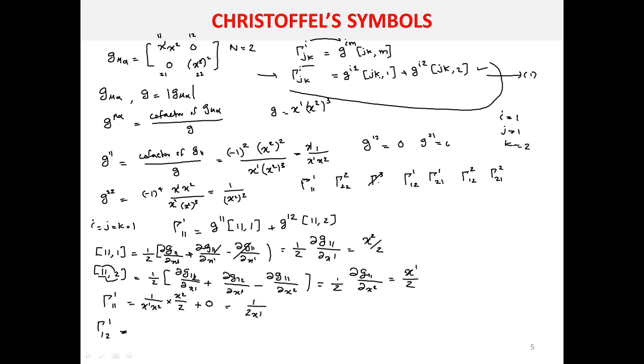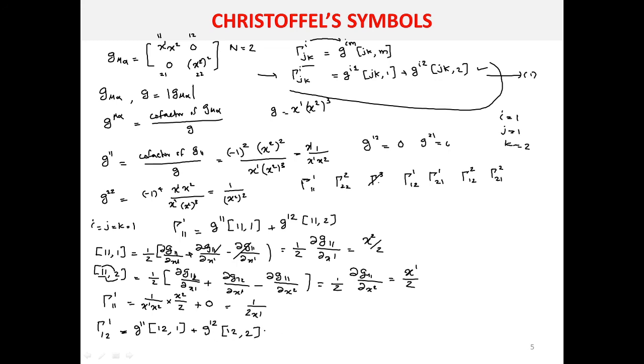So this equation becomes g i1, the value of i is 1, so it is g11 into [12,1], plus the next term g i2, the value of i is 1, so it is g12 into [12,2].